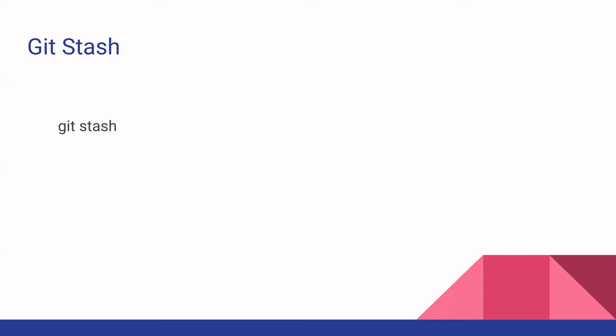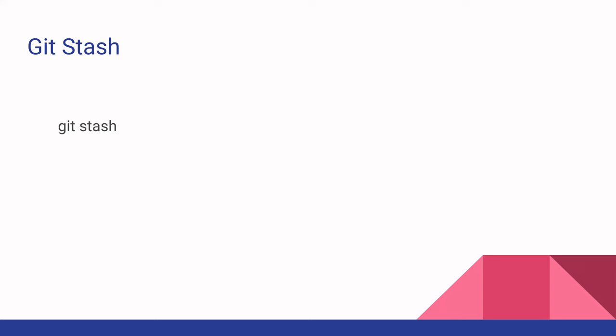But as you now need to send the pull request for branch 1, then you have to switch your branch from master branch to branch 1. So when you're switching from master branch to branch 1, GitHub will give you a message as you have some local file changes in your master branch. So you have to save these changes before switching the branches.